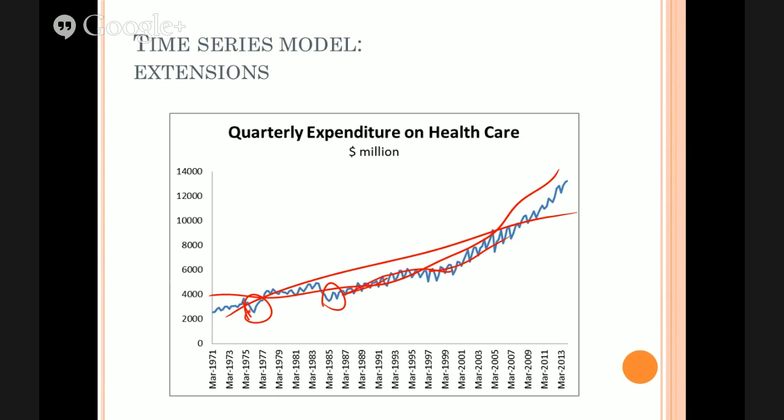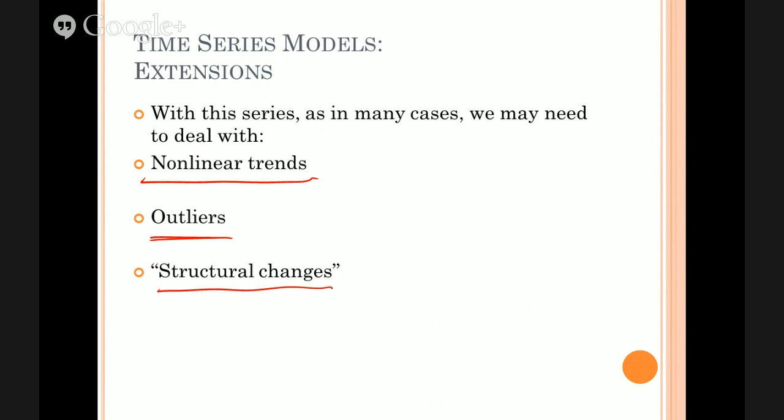Then you should see a one-off big jump in healthcare to a new higher level, and that would continue on into the future. That's a, quote, structural change that's imposed on us in that case by some sort of government policy. And that means that our data doesn't follow a nice smooth pattern like we expect with our linear trend and our quarterly fluctuations, and we need to work out ways of actually coping with that.